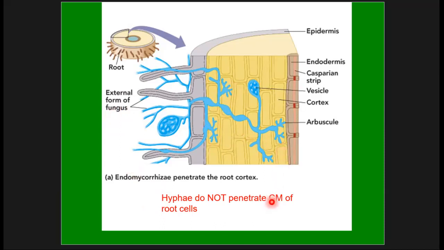The plant controls the infection, and so the plant will not allow the fungus to penetrate through its cell membranes. If that accidentally happened, where the fungal hyphae actually bust through the cell membrane, it would set off a defense response by the plant, and the plant would try to kill it.